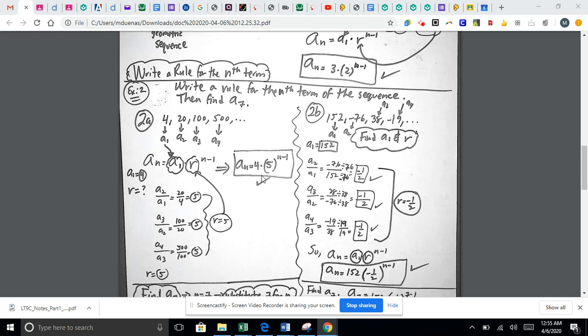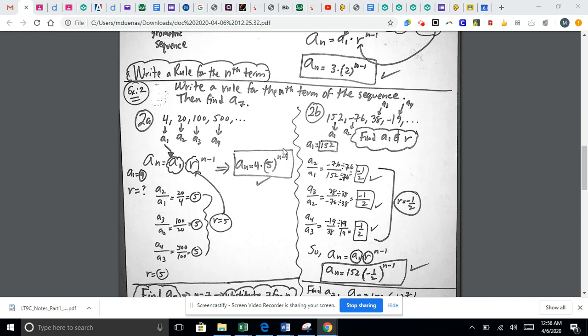Yeah, we're going to substitute that information into our general formula, our geometric sequence rule. We know that A sub 1 was 4, and we just found the common ratio, which is 5. So we put it in here. The final answer for the nth term of the sequence, the rule, is A sub n equal to 4 times the quantity of 5 to the n minus 1.